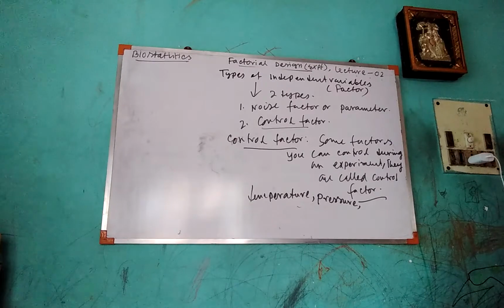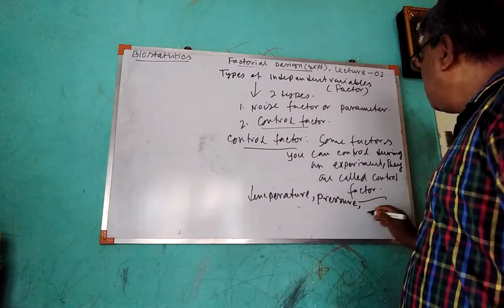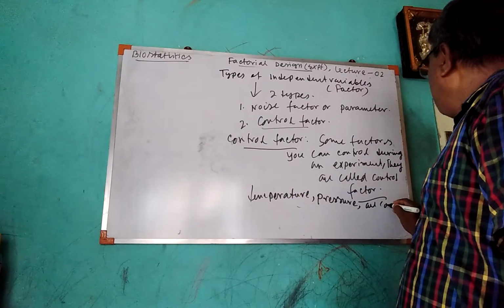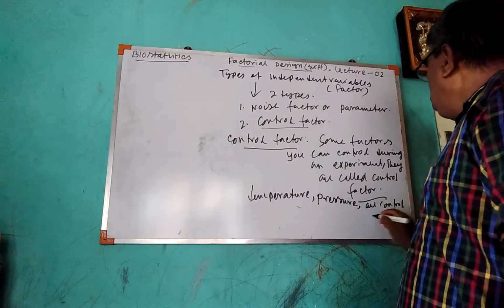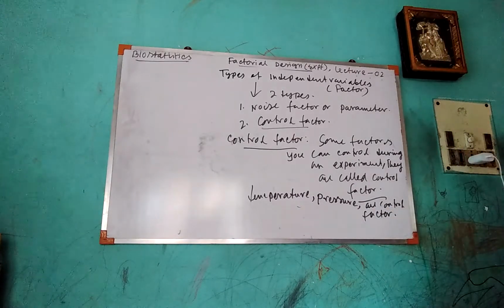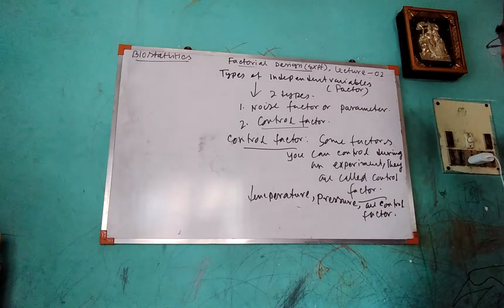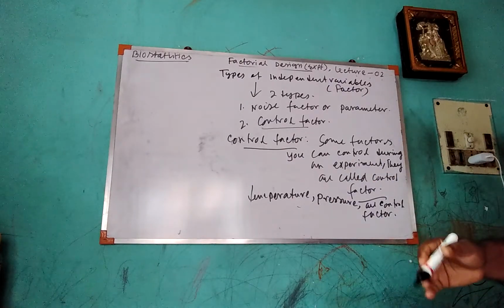You have exact control of temperature and pressure during an experiment. Temperature and pressure are control factors. That means these two things you can control. This is in your hand.